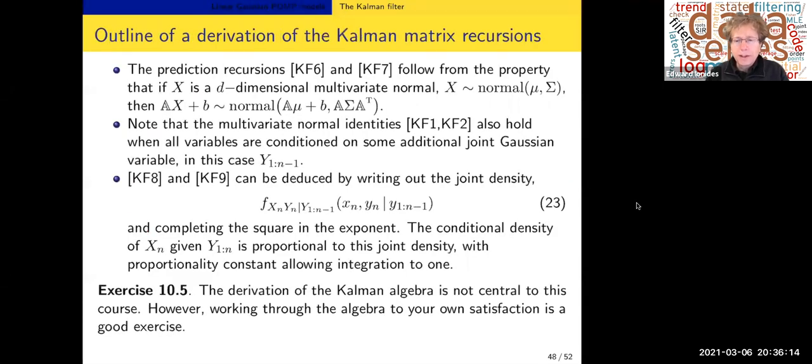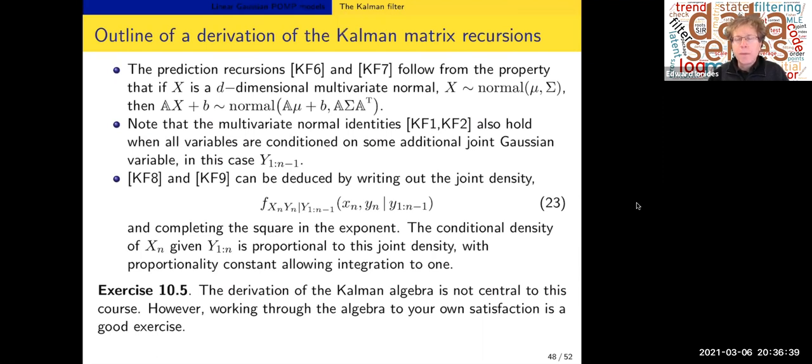Here's something of an outline derivation. Actually the first two recursions, KF6, KF7, are not too bad to work out if you know the property that if X is a d-dimensional multivariate normal, then AX plus B is normal with mean A mu plus B and variance A sigma A transpose.